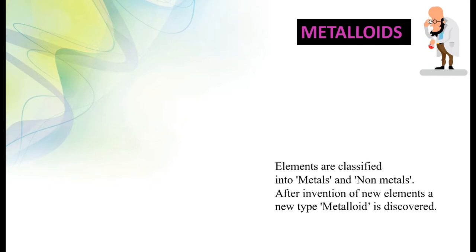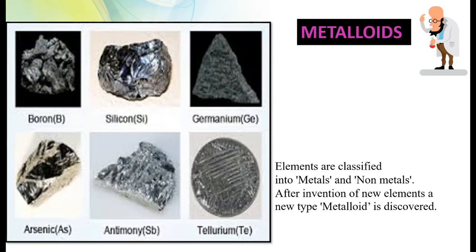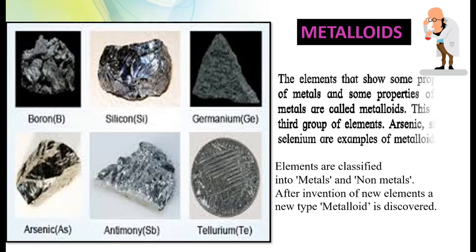Now another important thing: elements are classified into metals and non-metals, that we have learned. After the discovery of new elements, a new type called metalloids is also identified, like boron, silicon, germanium, arsenic, antimony, tellurium. These are all elements that show some properties of metals and some properties of non-metals and are called metalloids.